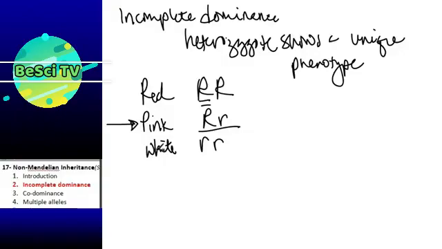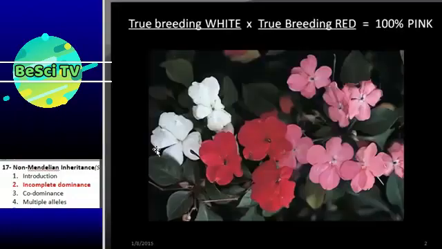So it might be a little bit tricky to get through your brain the difference between these two. But in my flower example, we have a true breeding white flower with a true breeding red flower, and the result is all these heterozygous pink flowers. Let's look at codominance and see if we can distinguish between these two.